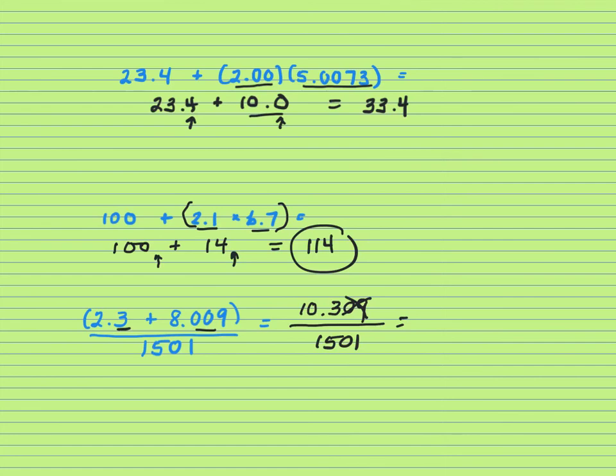My calculator is going to tell me it's 0.006868. Okay, so how many sig figs can I have? Well, that has 3, and that has 4, so my answer can have 3. So 0.00687. So those are your rules for adding and subtracting and multiplying, division, and using sig figs.